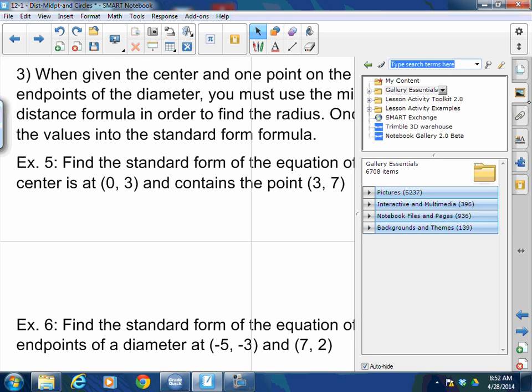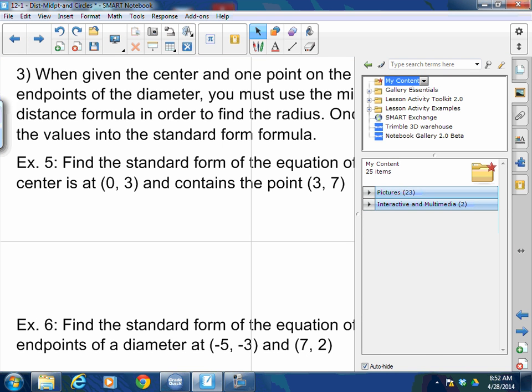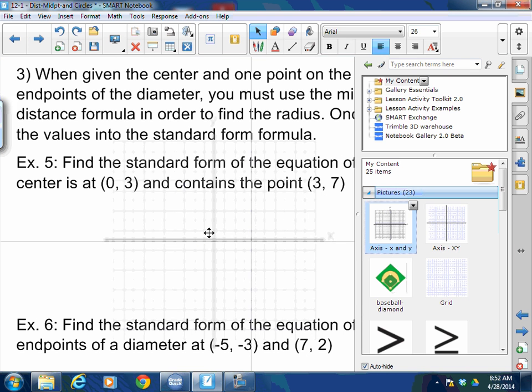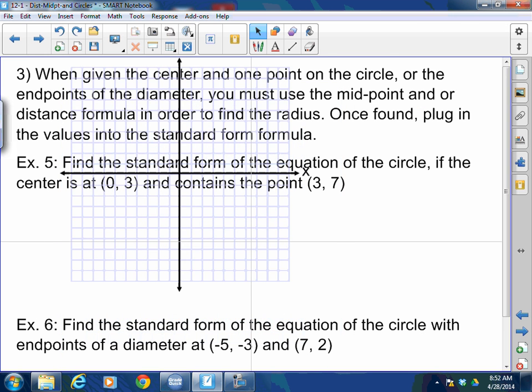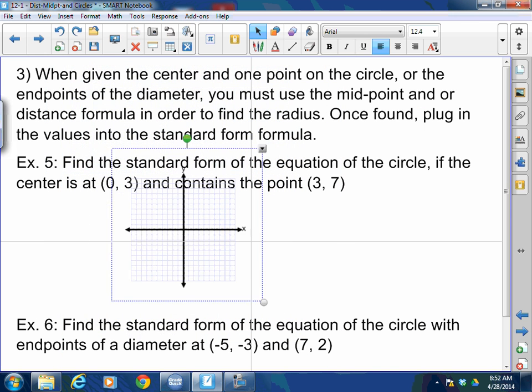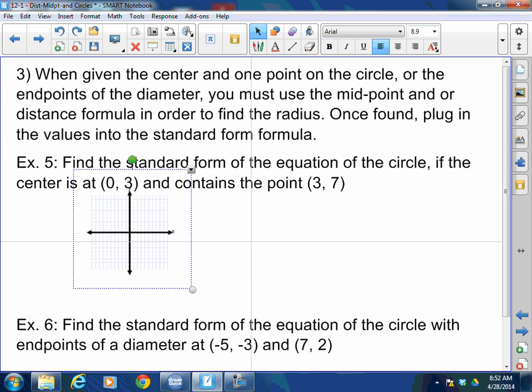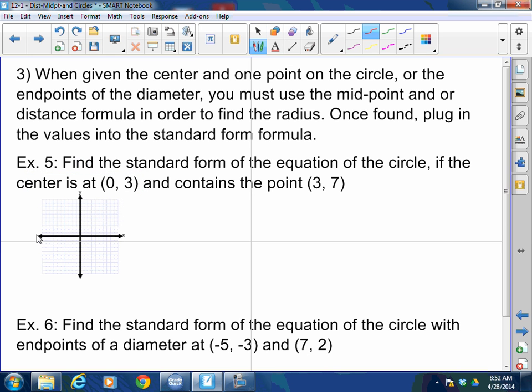All right. Let's go ahead and graph this just so you can see what's going on. Okay, so I have my center at 0, 3. So that's 1, 2, 3. It's about right there. And it contains a point 3, 7, which is 1, 2, 3, 1, 2, 4, 5, 6, 7.